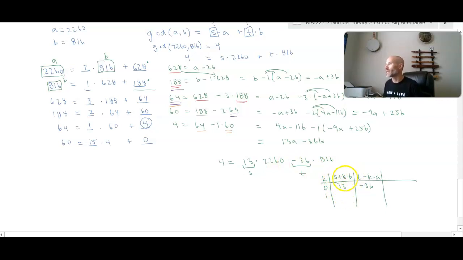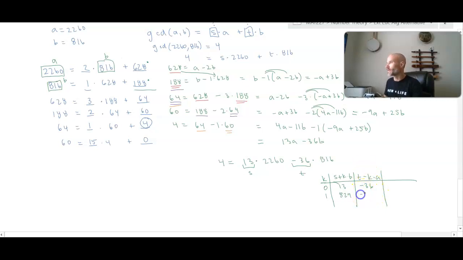Well, s plus kb would be 13 plus 1 times 816. That would be 829. And then t, which is negative 36, minus that same value of k, which is 1 in this case, times a, which is 2260.